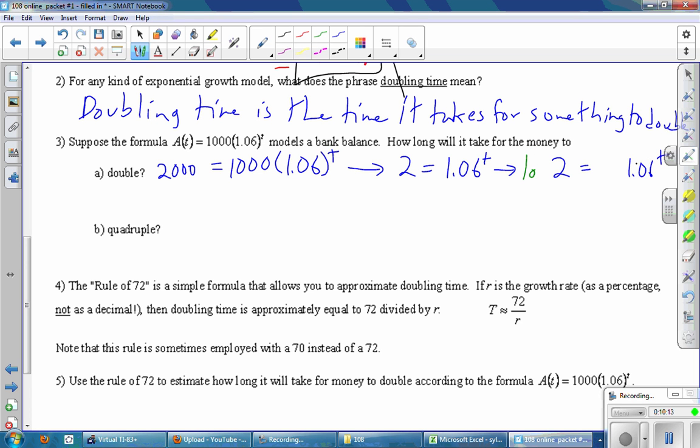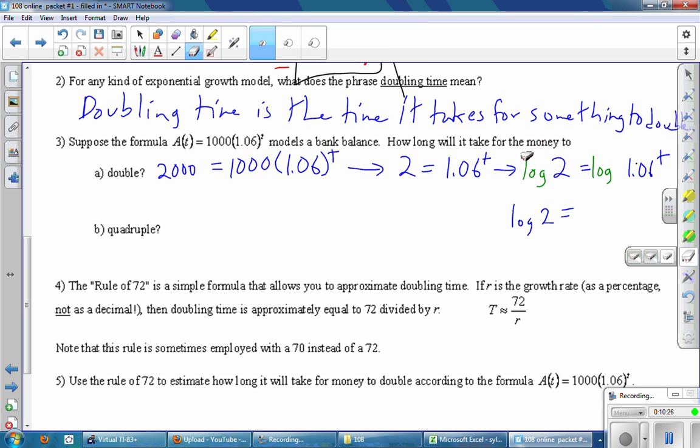I'll go ahead and use regular log here. It doesn't matter whether you use log or ln. And then the nice property here on the right-hand side, so I'll copy log 2, is that the power can come down in the front. That t can move right down into the front of the log, making it accessible.